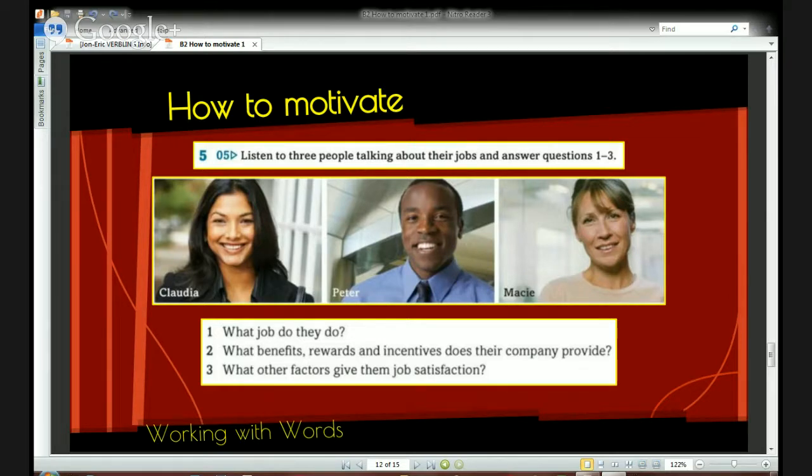Abraham, read number 1 for us. What job do they do? Right. Okay, and Hussein, read the second. What benefits, rewards, and incentives does their company provide? Good. By the way, provide with a V. Provide.